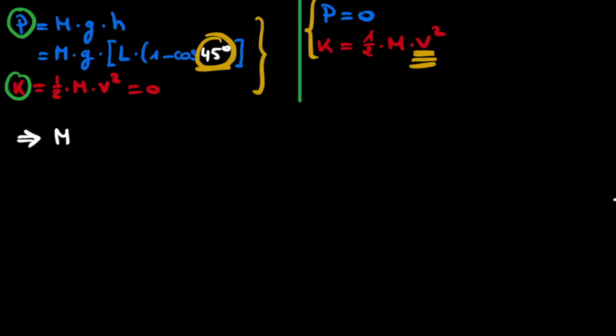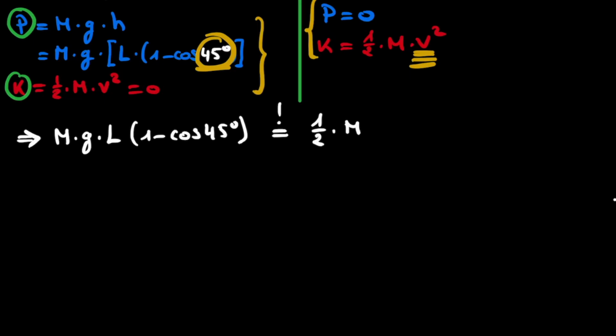And this was capital M multiplied by the gravitational constant, multiplied by this L, multiplied by 1 minus the cosine of 45 degrees. And this will then be equal, due to conservation of energy, to this second situation, where we have 0 potential energy, but a maximal kinetic energy. So again, 1/2 multiplied by capital M, multiplied by this initial velocity of the bullet plus the bag of sand, squared.